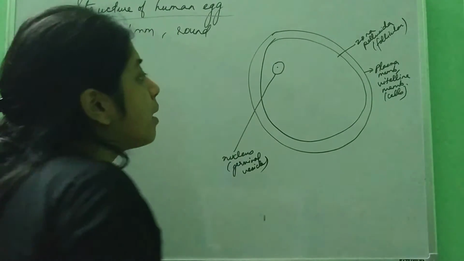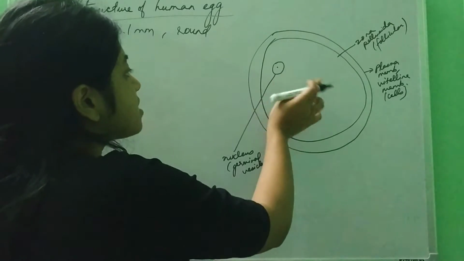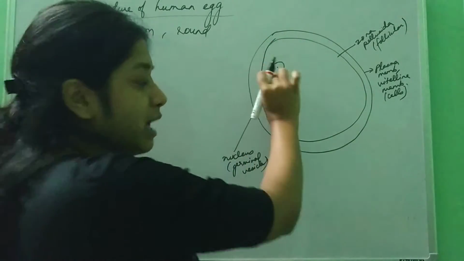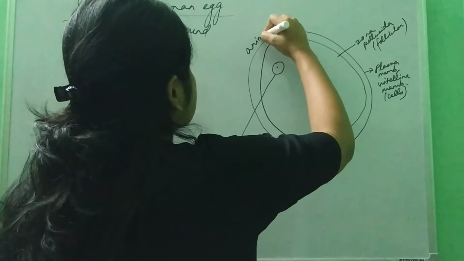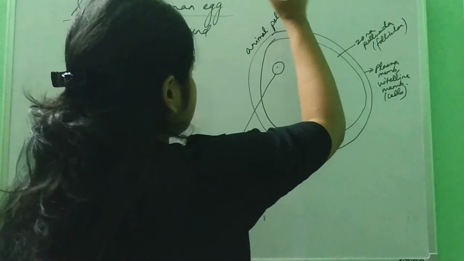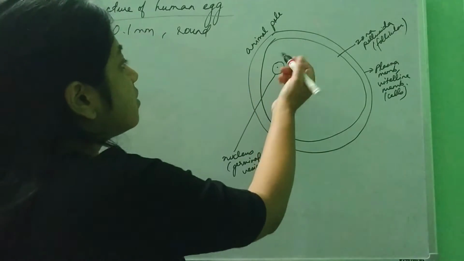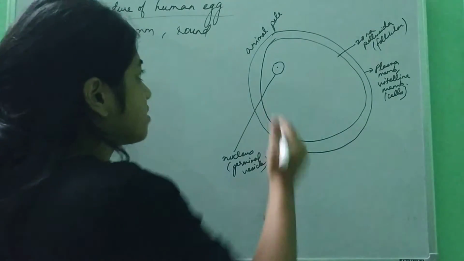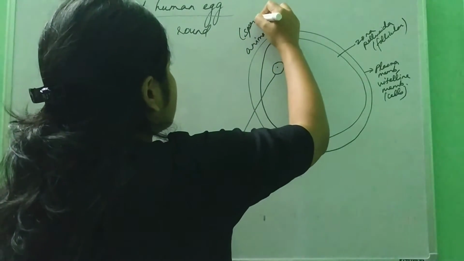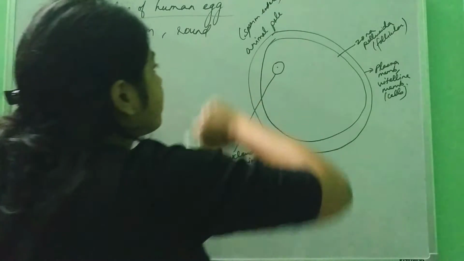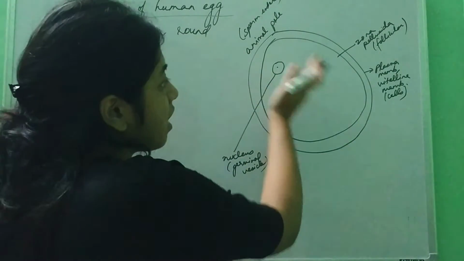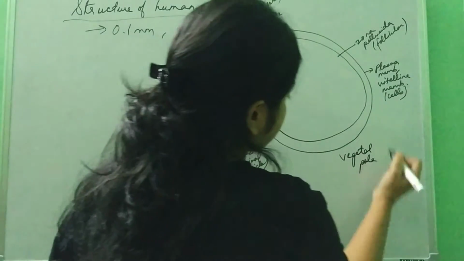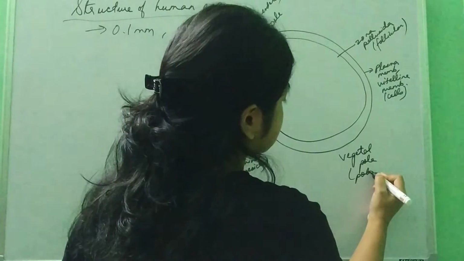The side where the nucleus is located is known as the animal pole, and through the animal pole only the sperm enters. The other side, far away from the nucleus, is the vegetal pole. The vegetal pole gives polarity to the egg.